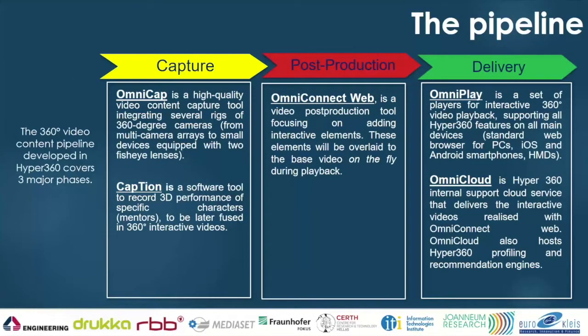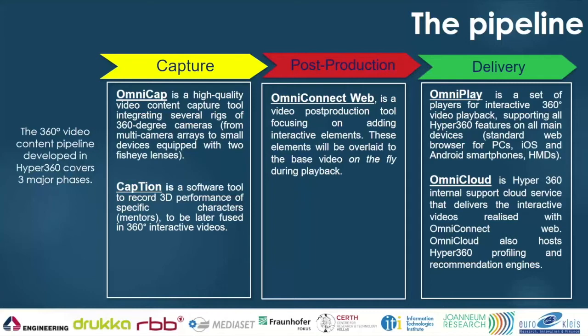The toolset can be segmented in 3 phases or 3 steps, tools for 3 phases. So the first phase is the capturing phase. Here we have developed the Omnicab tool for high quality 360 video capturing with a vast array of cameras.